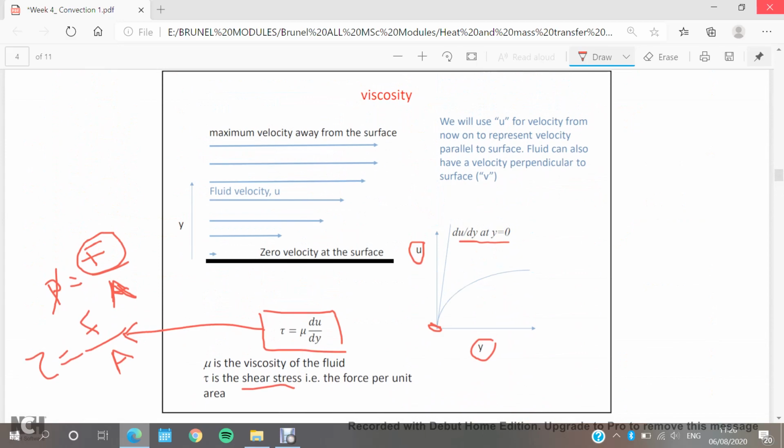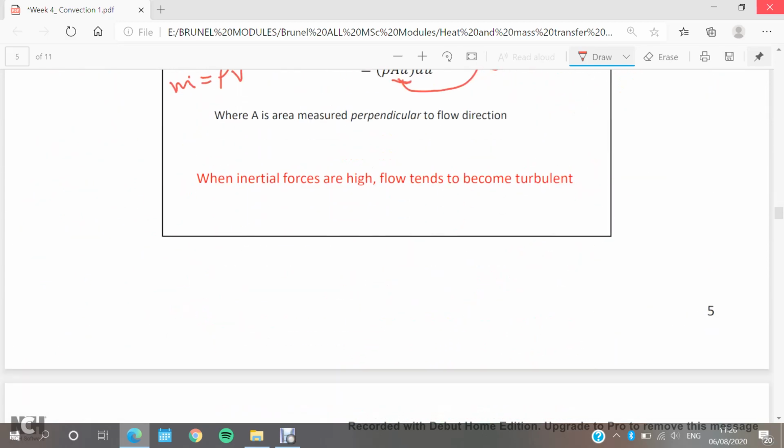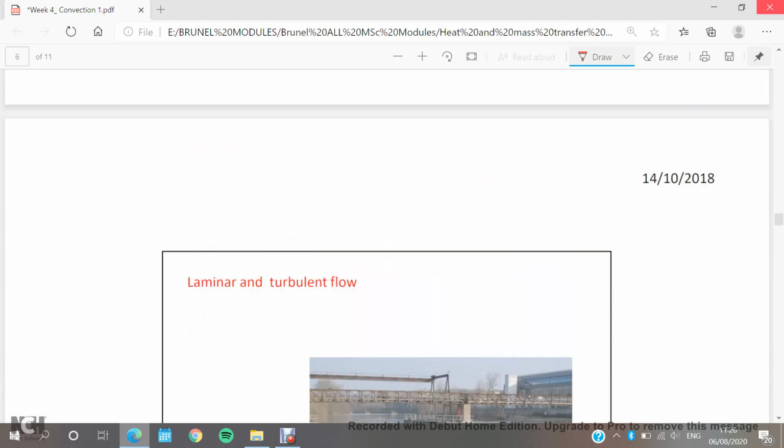We have a viscous force and we have an inertia force. Is there any other force?